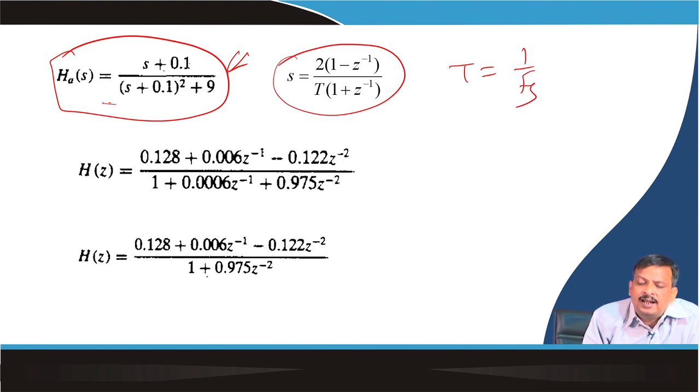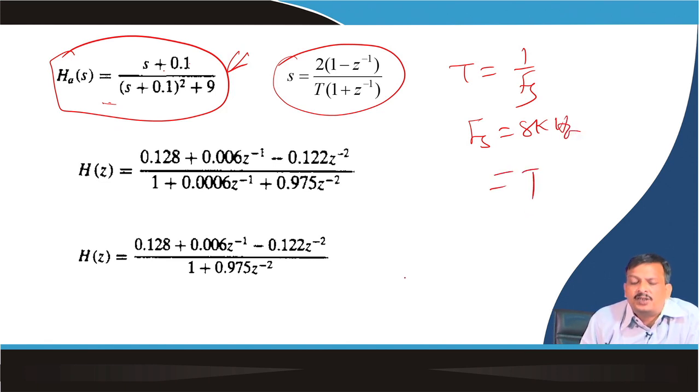Now, let us say the sampling frequency fs is equal to 8 kilohertz, then you know the value of T. T is equal to 1 by 8 into 10 to the power 3. So, I get the value of T. Then I know 2 by T, so that value is constant.